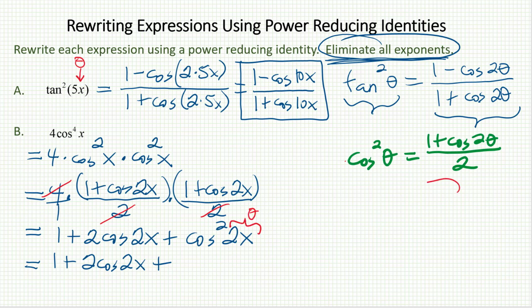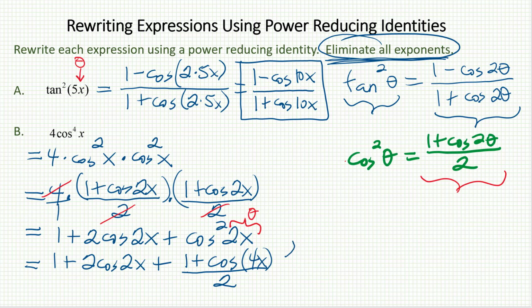So I'm going to go over here to the right side, and everywhere I see a theta, I'm going to replace that with 2x. So what will that give me? 1 plus cosine, and then it's 2 times theta. Well, theta is 2x, so 2 times 2x would be 4x, and then all divided by 2. Okay, I don't have any exponents anymore. That's good. Is there any other way I can clean this up?